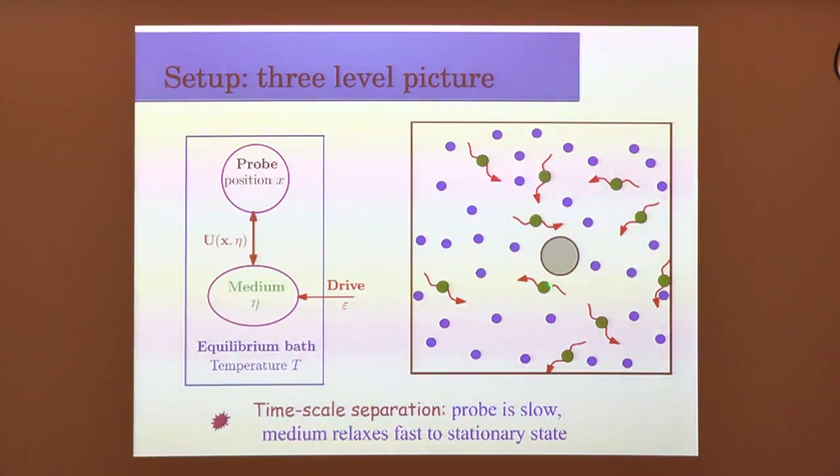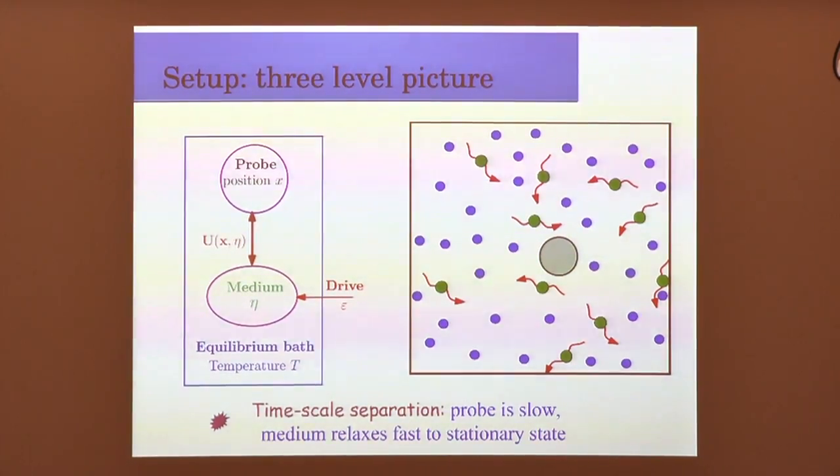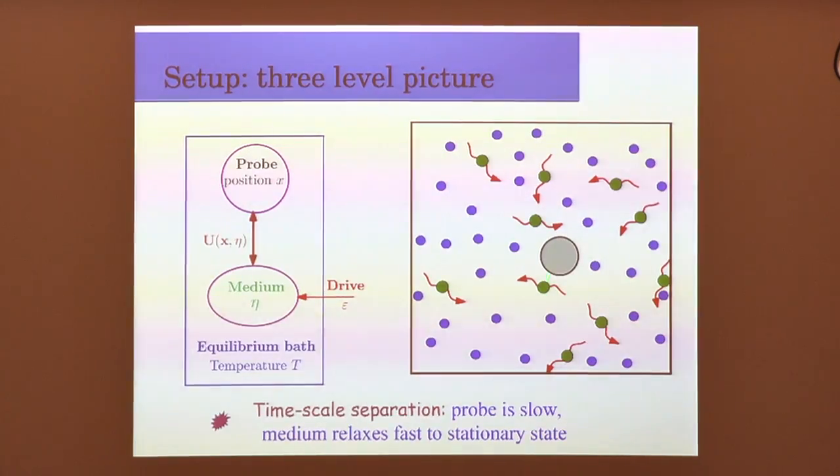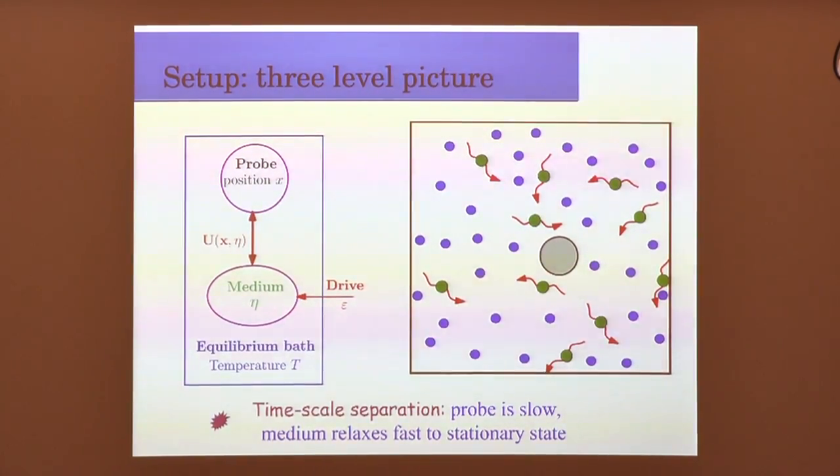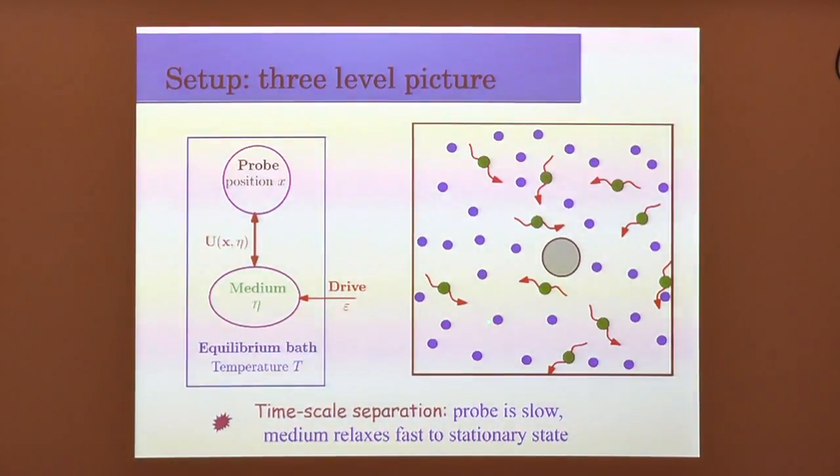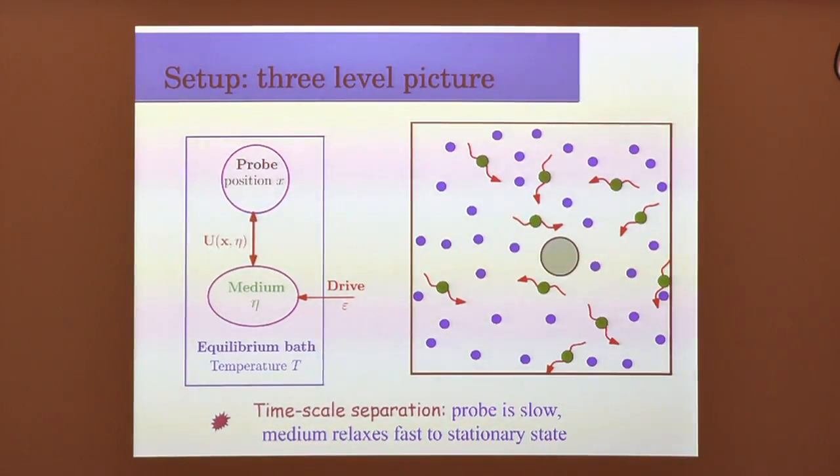And then there is a big particle like a colloidal suspension, which is the probe. Typically we would be looking at the position of the probe and the force exerted on the probe by these green particles, under the assumption that there is a huge time scale separation between the green particles and this disk. And of course, we always assume that there is an infinite time scale separation between the blue particles, which are the bath degrees.